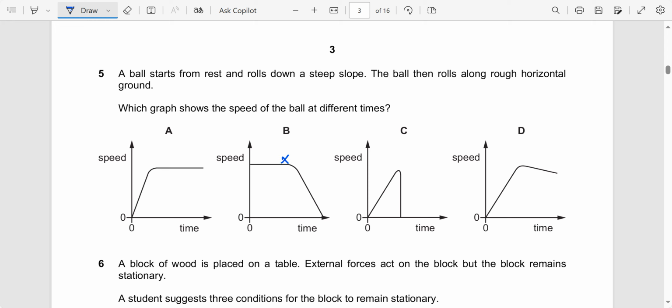Then it can be this, this, or this, so these are the three. Then it says rough horizontal, so it must be decelerating, so that's wrong. Then there's one where it's so rough that it stops exactly as soon as it hits horizontal ground, but it does not say that. It says rolls along the horizontal, so it's going to be a deceleration, like this.